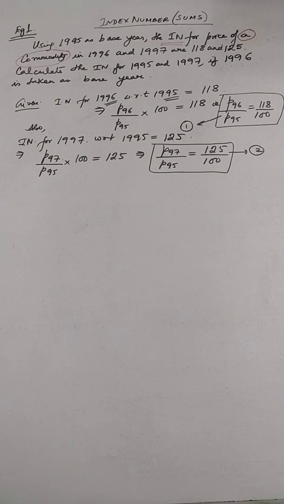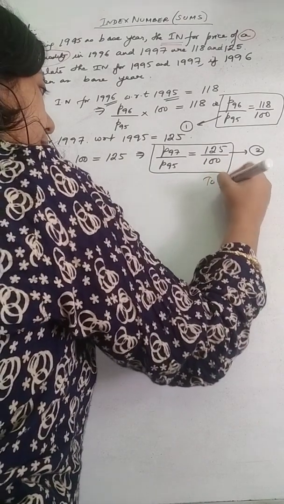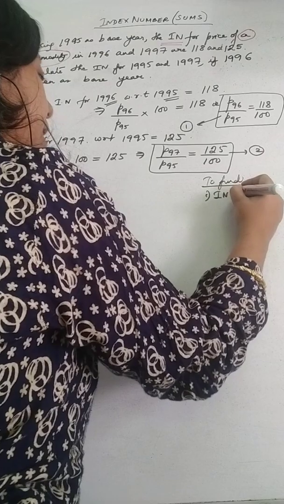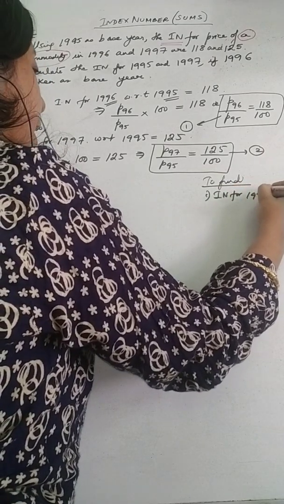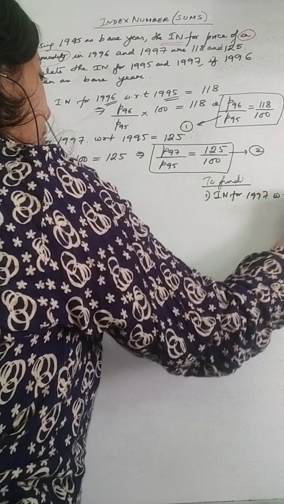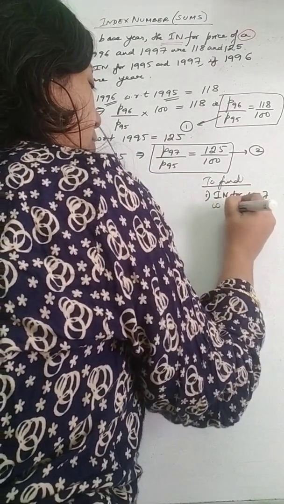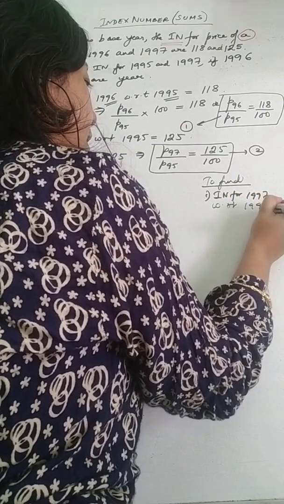Anyway, so they are saying calculate the index number for 1995. What do we have to find? Let's write it at the side. To find: subpart 1, index number for 1995 with respect to, what is the base year now? 1996. Yes, with respect to 1996.